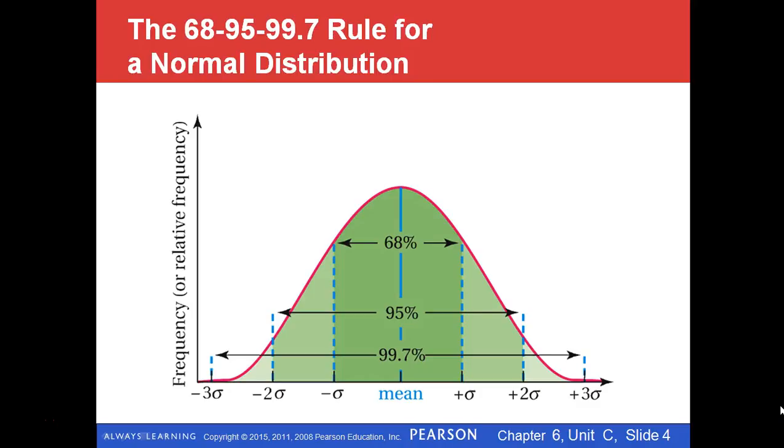This is called a Gaussian distribution, and it says that if something is normally distributed, 68% of the data values that occur in your data set will fall within one standard deviation both above and below the mean. 95% of the data values will fall between two standard deviations up and down.